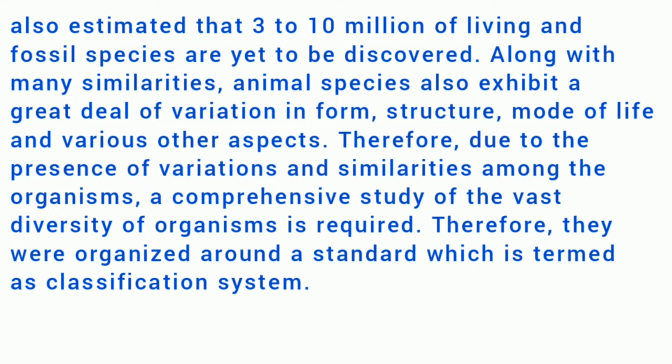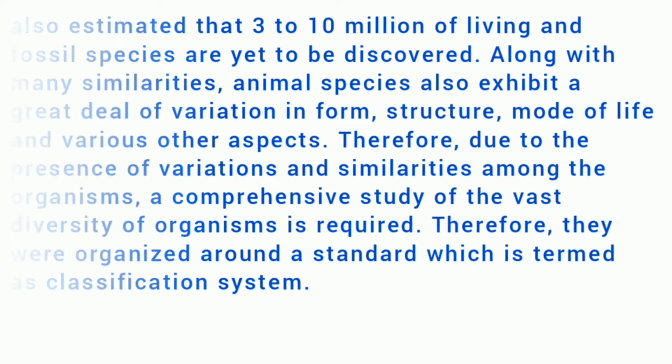Along with many similarities, animal species also exhibit a great deal of variation in form, structure, mode of life, and various other aspects. Therefore, due to the presence of variations and similarities among the organisms, a comprehensive study of the vast diversity of organisms is required. Therefore, they were organized around a standard which is termed as classification system.